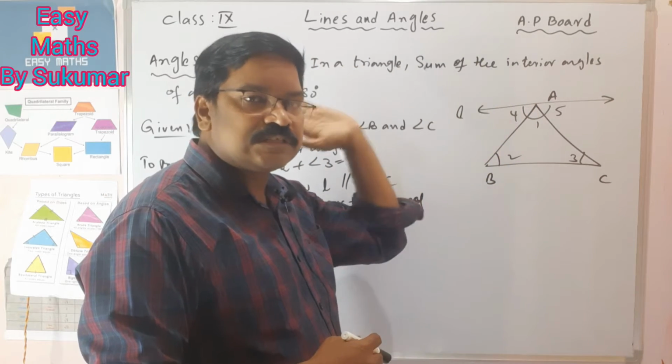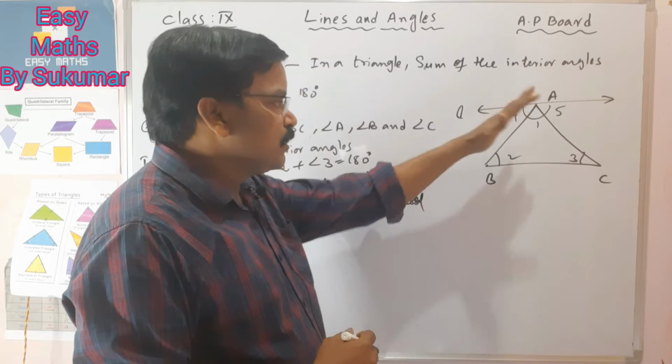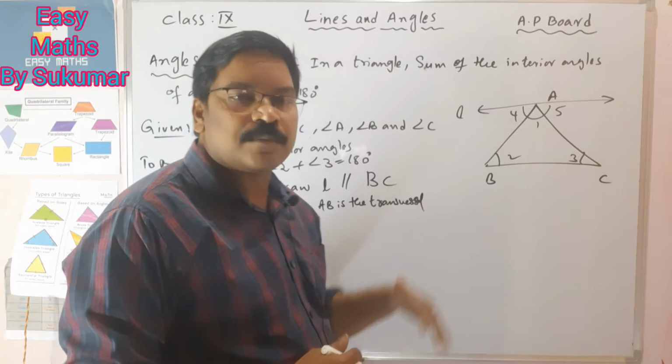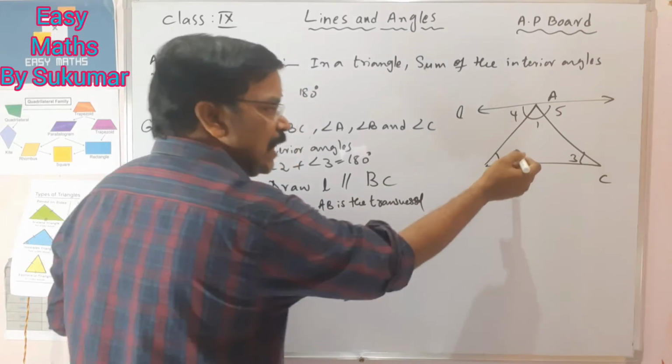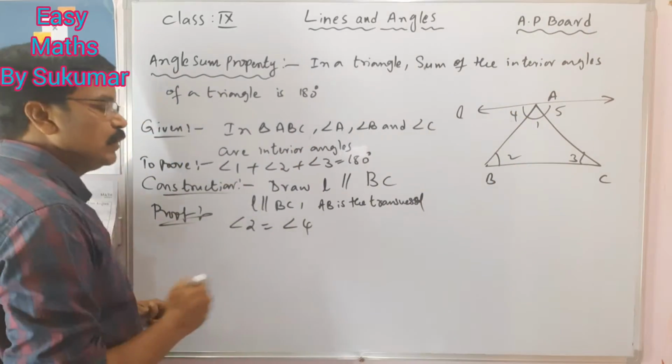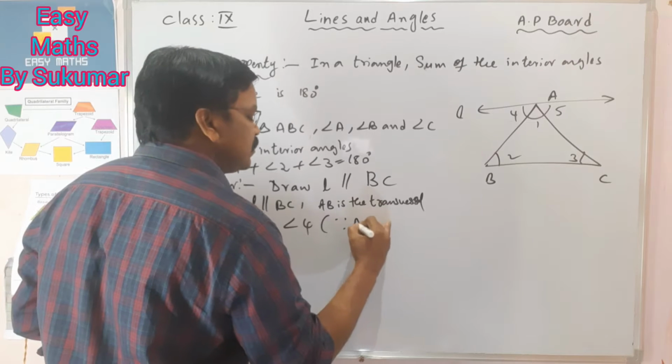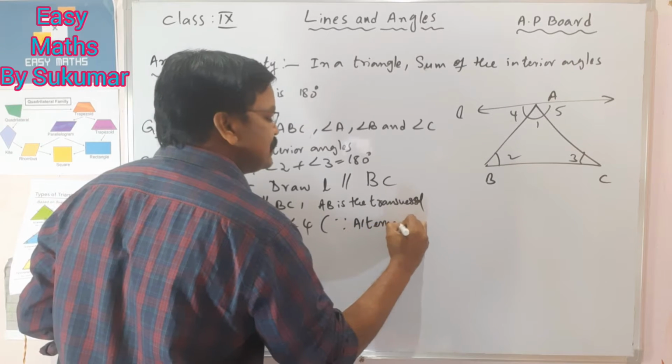You already learned in the previous classes, if a transversal intersects two coplanar parallel lines, then the alternate interior angles are equal. That means angle 2 and angle 4 are equal. The reason here is alternate interior angles.